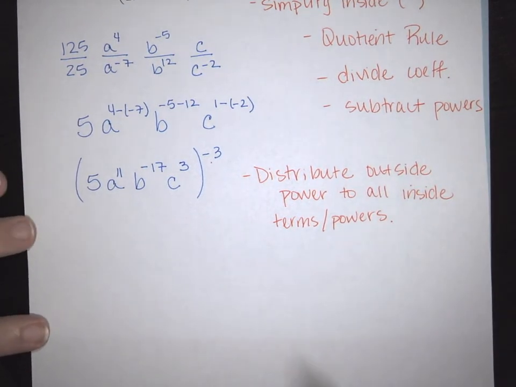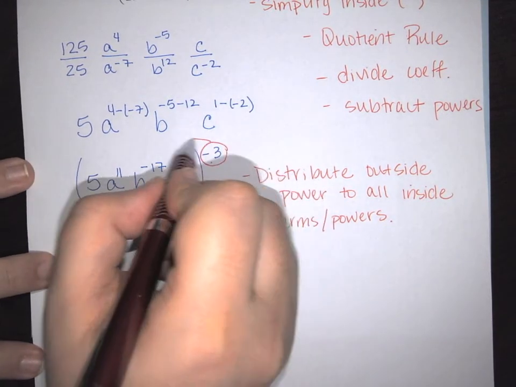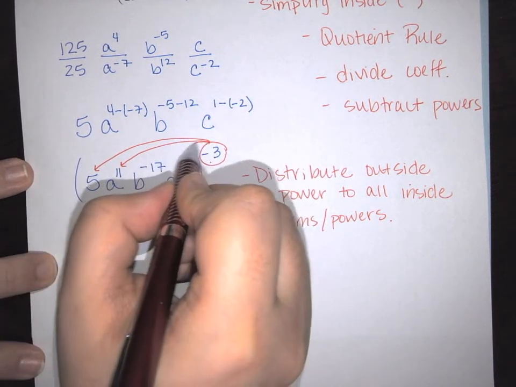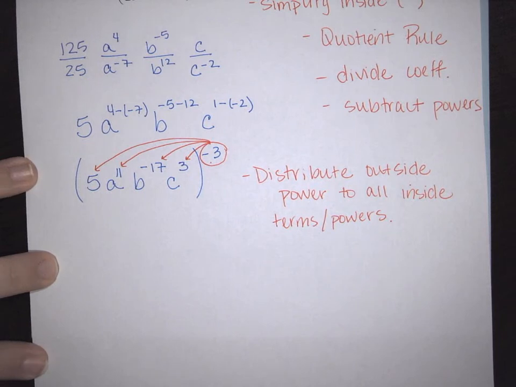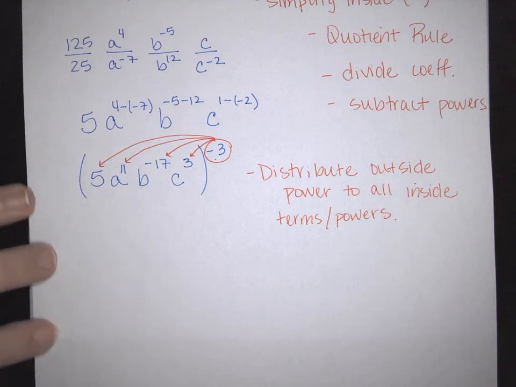So what that means is that this negative 3 here has to be applied to the 5, to the a to the 11th, to b to the negative 17, and to c to the 3rd. Okay? So the distributing idea is very similar to the distributing idea we use when multiplying, in that it gets applied to each and every term.